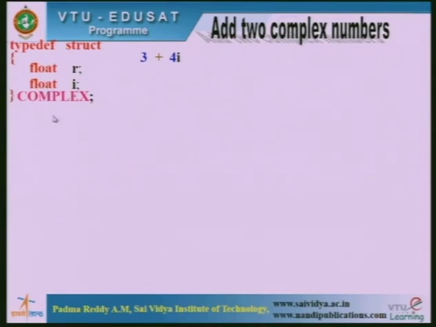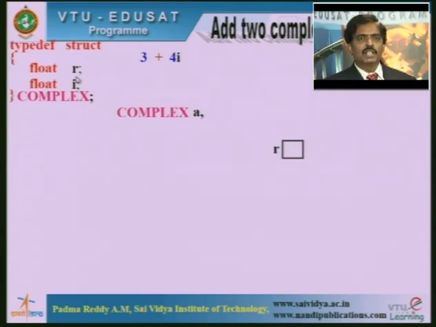So that's how a complex data type can be derived using fundamental or basic data types such as float. Okay, now here let me say A is of type complex, and the moment I say A is of type complex, memory will be allocated for the real part, memory will be allocated for what? Imaginary part. So for real part, how many bytes? Real part is of type what? Float. So float 4 bytes of memory is allocated for the real part, and another 4 bytes will be allocated for the imaginary part.